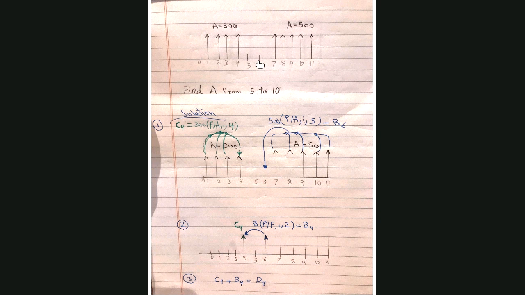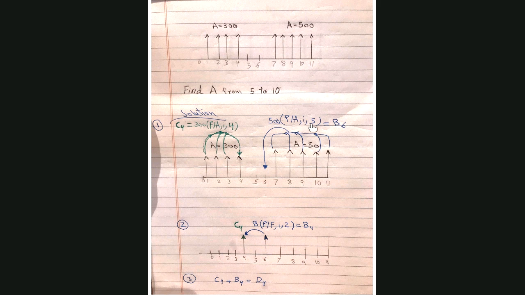The next step, shown in blue color here, is that the annual format for the 500 is converted to year 6 as a single value with the formulation P given A.